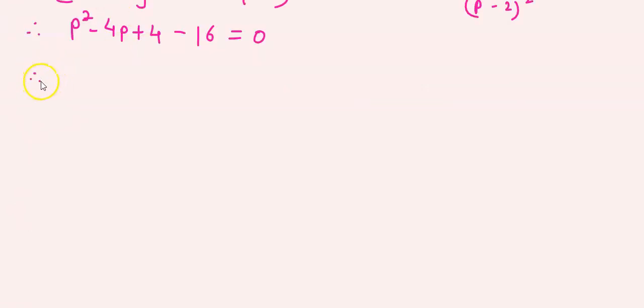Therefore it will be p² − 4p + 4 − 16, which is −12, equals 0.